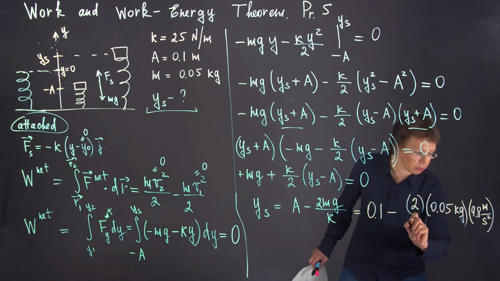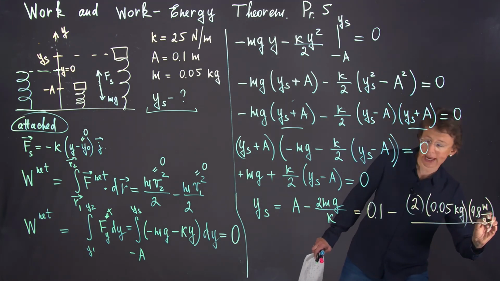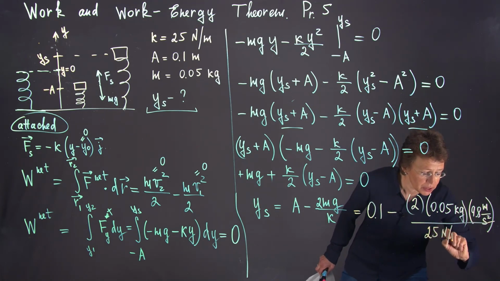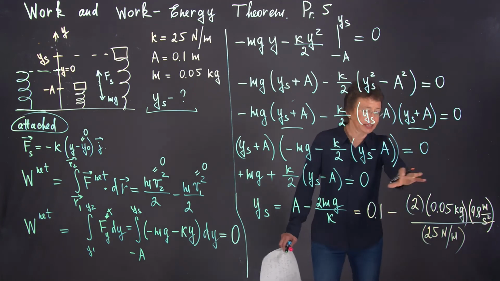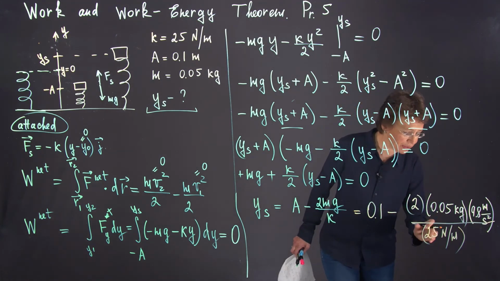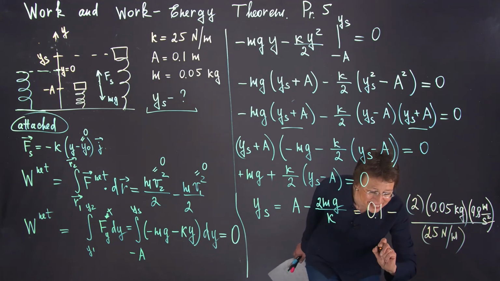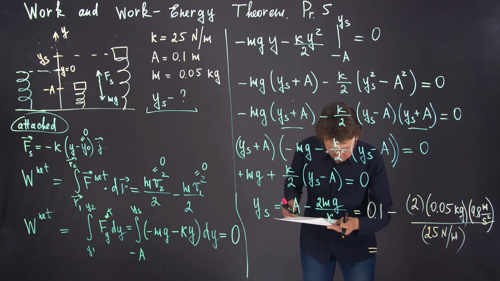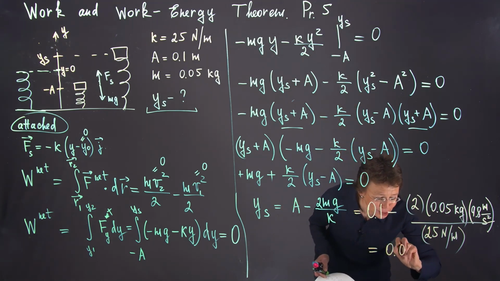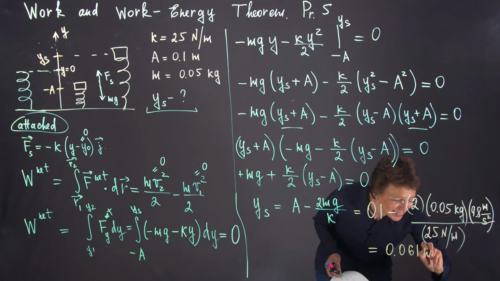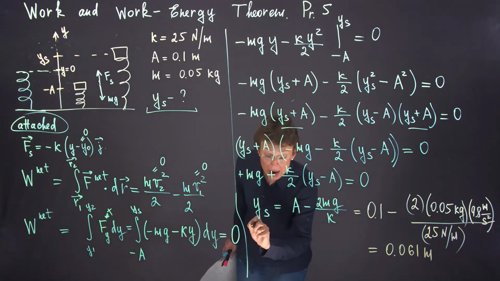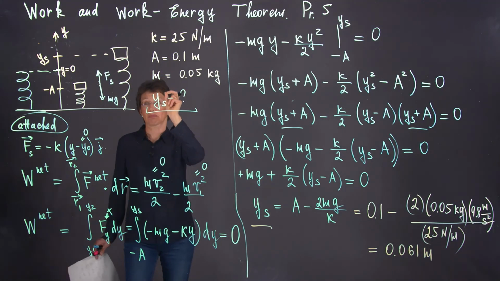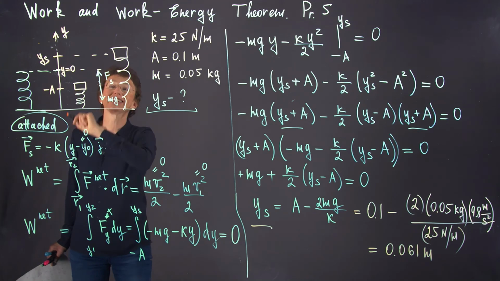And I divide it by k, which is 25 newtons per meter. Well, we can simplify it a little bit, 0.05 here, 25 here, but I did my homework. And I calculated this number. And if you calculate this number, it will come as 0.061 meters. So we found ys, the highest point reached by this spring above level 0.